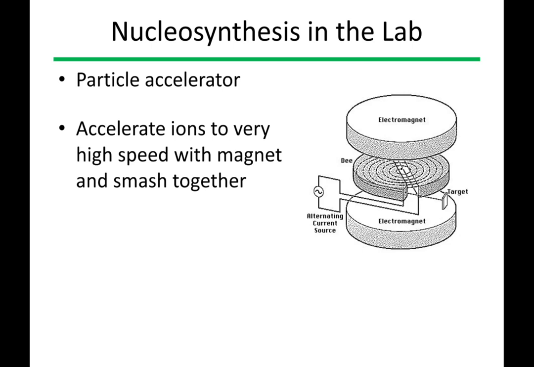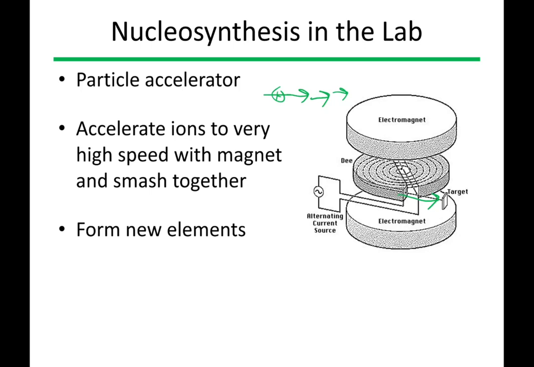The advantage of the magnetic field is this is something you do in a vacuum and apply a field, and you're accelerating this particle using normal electrostatic interactions by changing the polarity in the field. So you can get this particle flying extremely fast with very little resistance. And since it's just constant acceleration, eventually it'll have enough speed and enough energy that if you slam it into a target, you can induce a nuclear reaction.